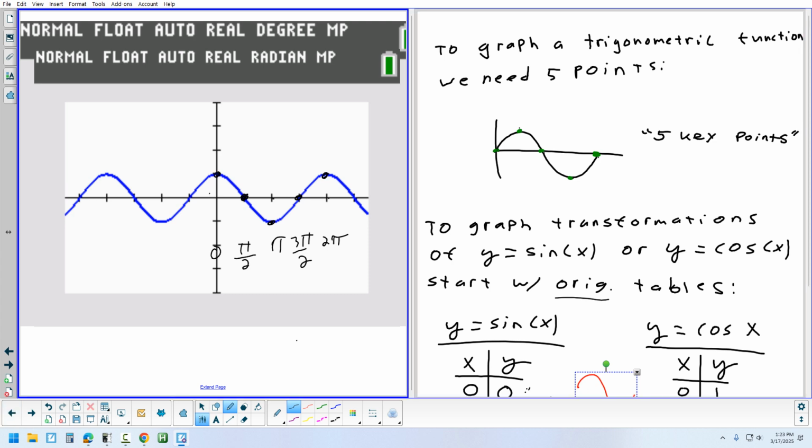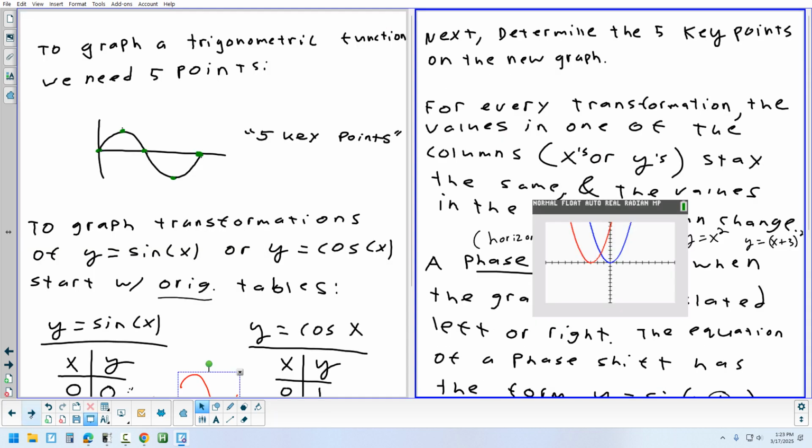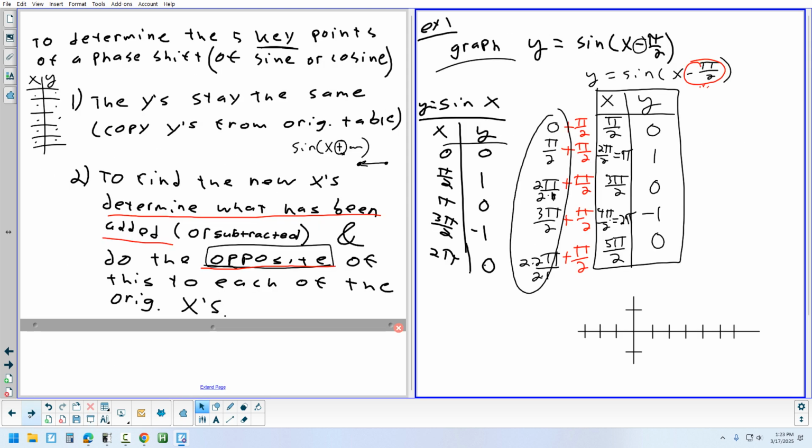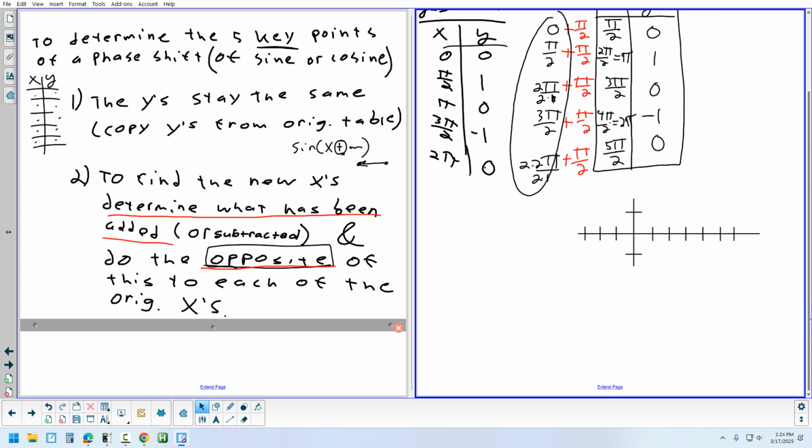And if we take 5 values like that and shift them all together, are they still equally spaced? Yeah. If you take 5 things that are equally spaced and you move them all together, they stay equally spaced. So I would use those values in the table to label my axes.